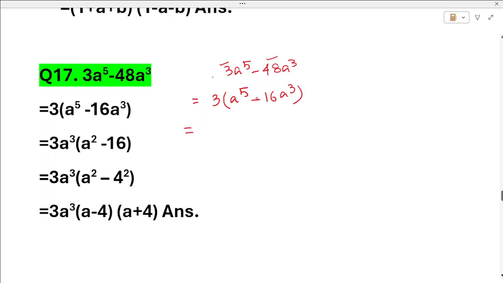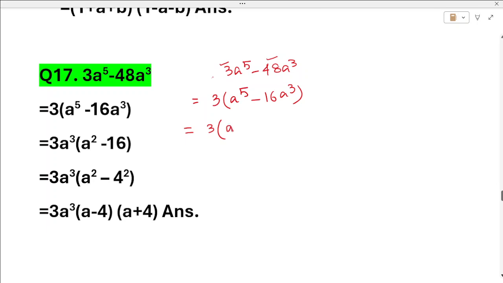Now second step. Okay, 5 is odd, 3 is odd. Now take the HCF of 3 and 5, the highest common factor. How can you find it? This I am telling you. See, what is common between a to the power 3 and a to the power 5?